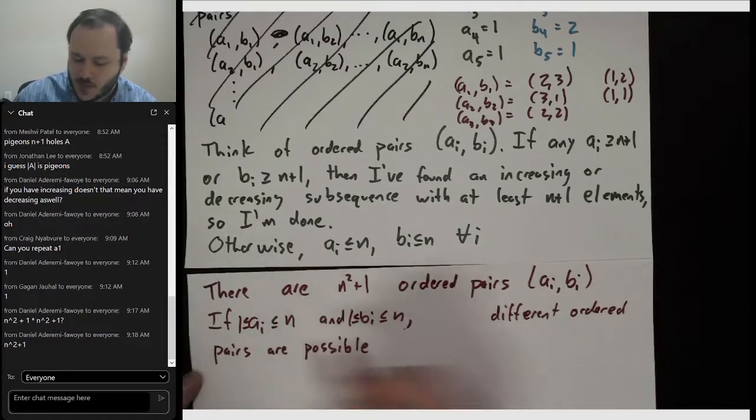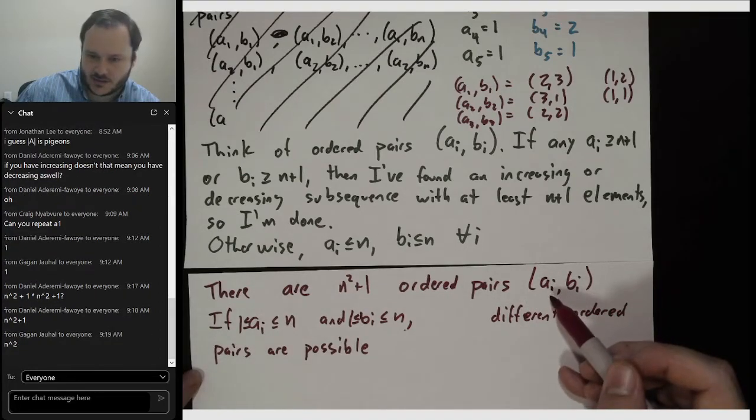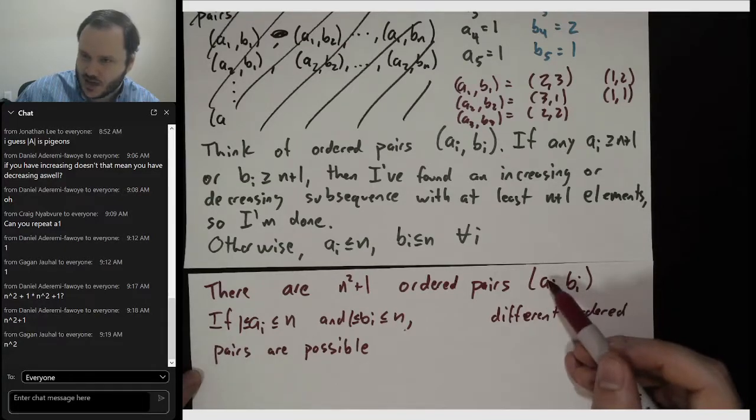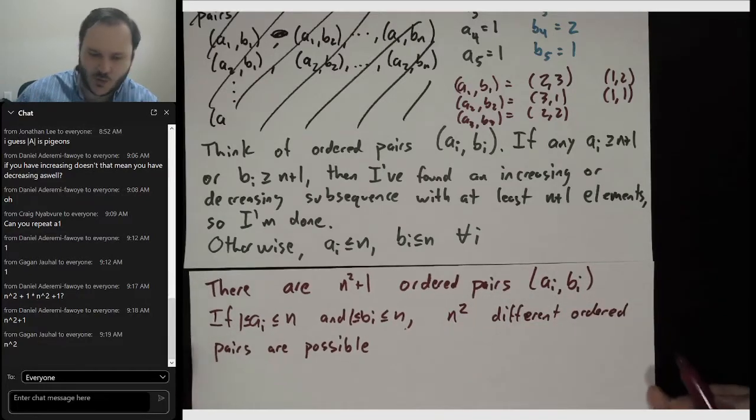How many different combinations can I make between these two? How many options for a sub i? Right, n. I've got n options for a sub i, n options for b sub i. N squared total different options.